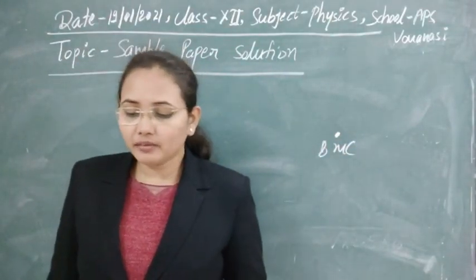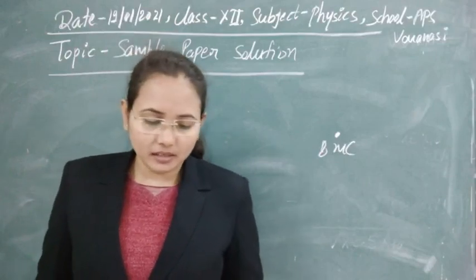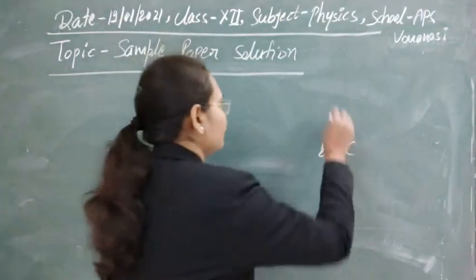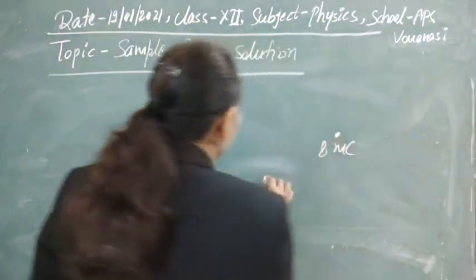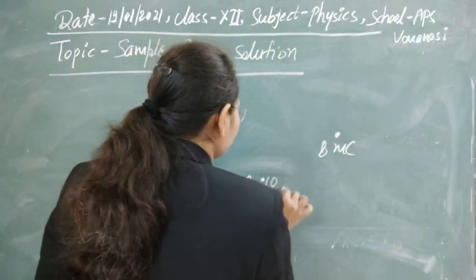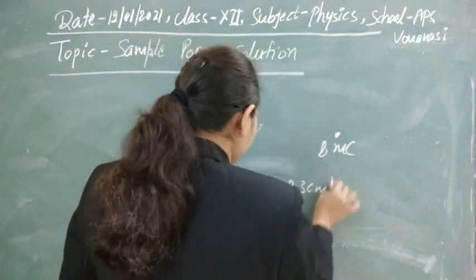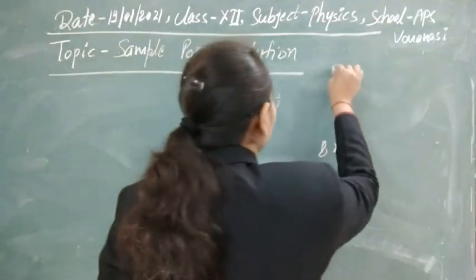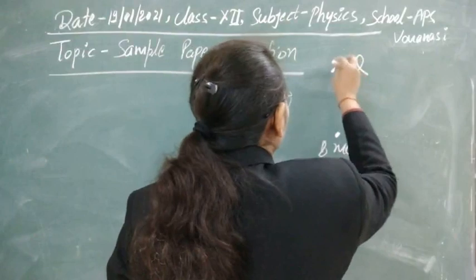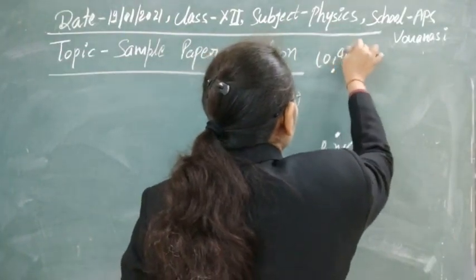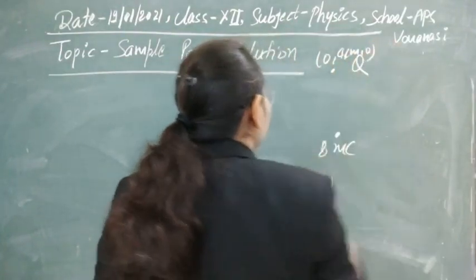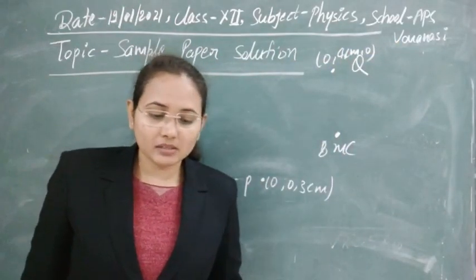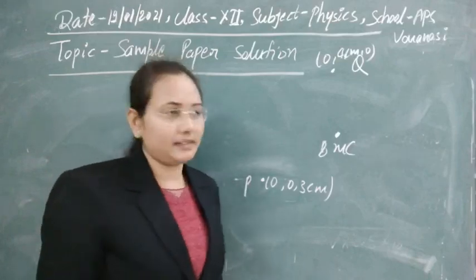We have to calculate the work done in taking a small charge of 2 nanocoulomb from a point P. Suppose this is the point P, given as 0, 3 centimeter, to a point Q, given as 0, 4 centimeter, via a point R that is 6 centimeter, 9 centimeter.